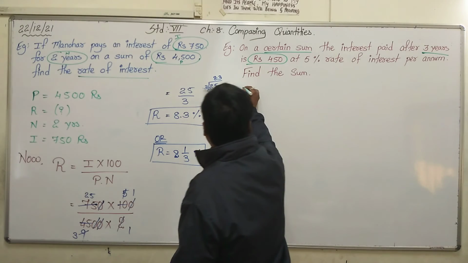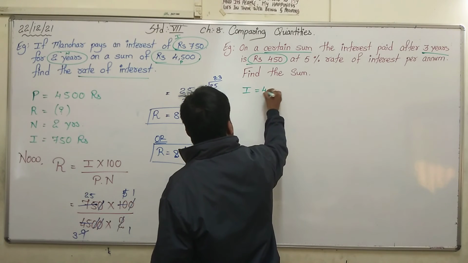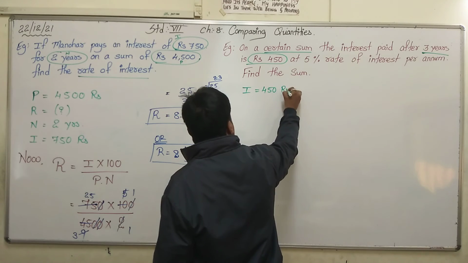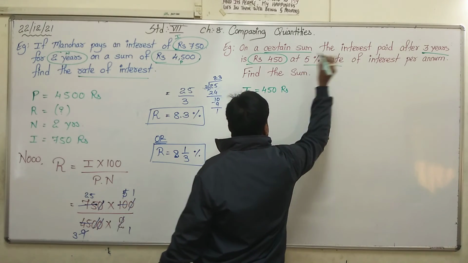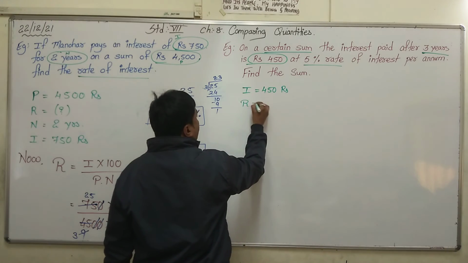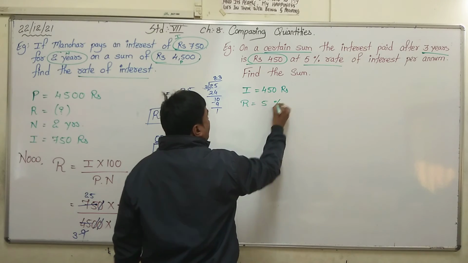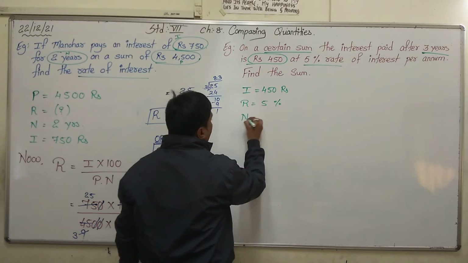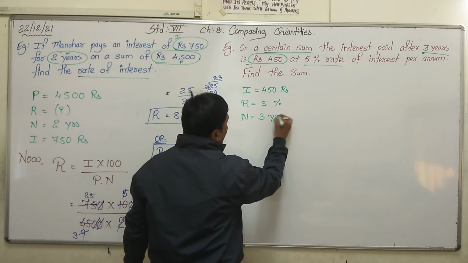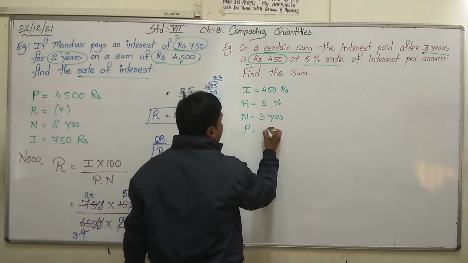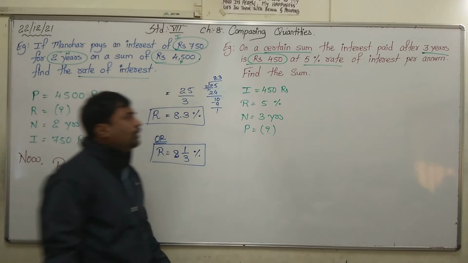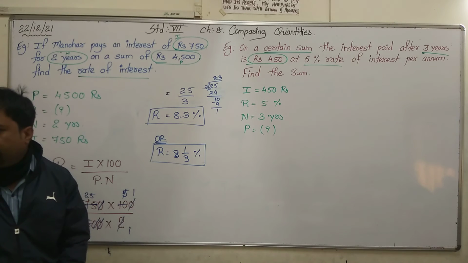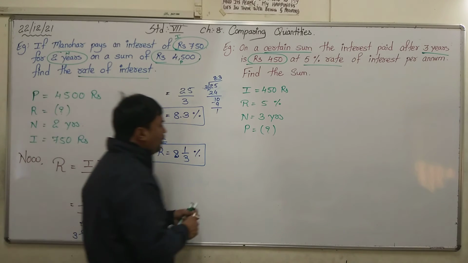So here I is equal to 450 rupees at rate is given to you for how many years? 3 years. N is equal to 3 years. What we have to find? Principal, the sum. So now, what is the formula?